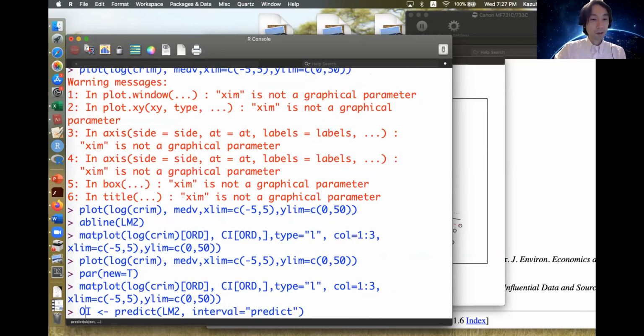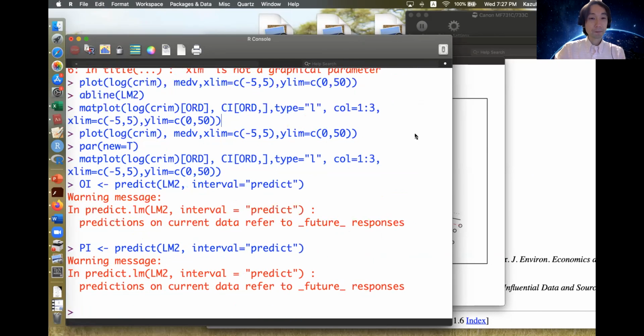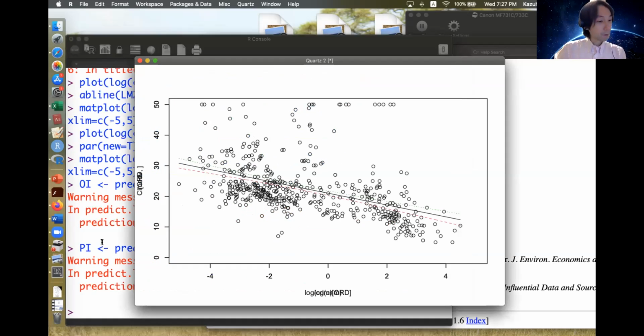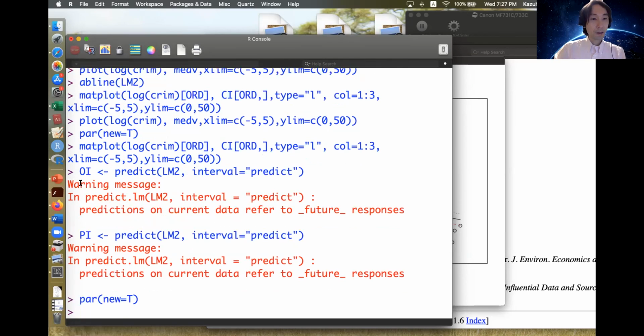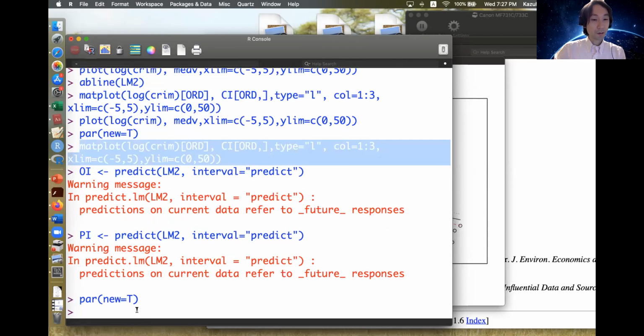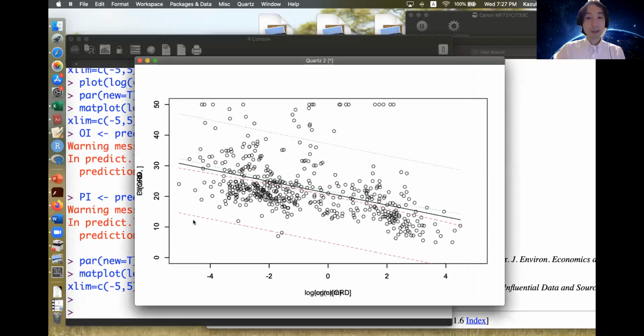So we use the pi interval predict. Okay. Yeah. So now we want to put this prediction option, so we put parameter new is equal to true, and the matrix plot, we do the same thing, but this time we use the pi. Then we get this. So this is the range that 95% of observations move around.